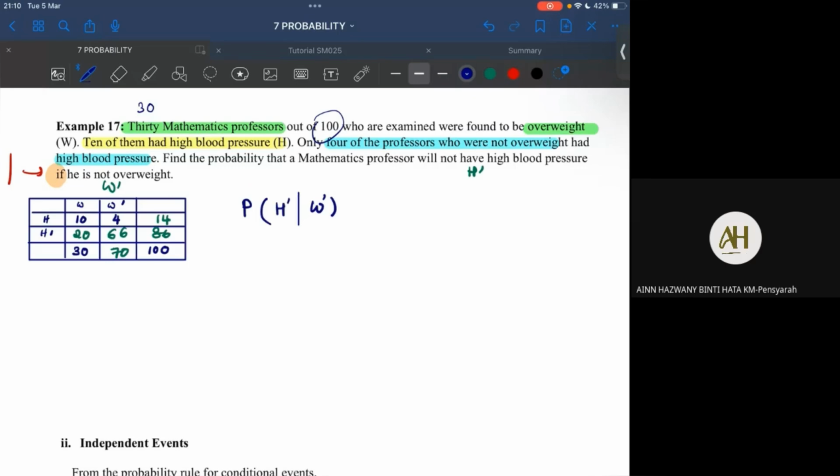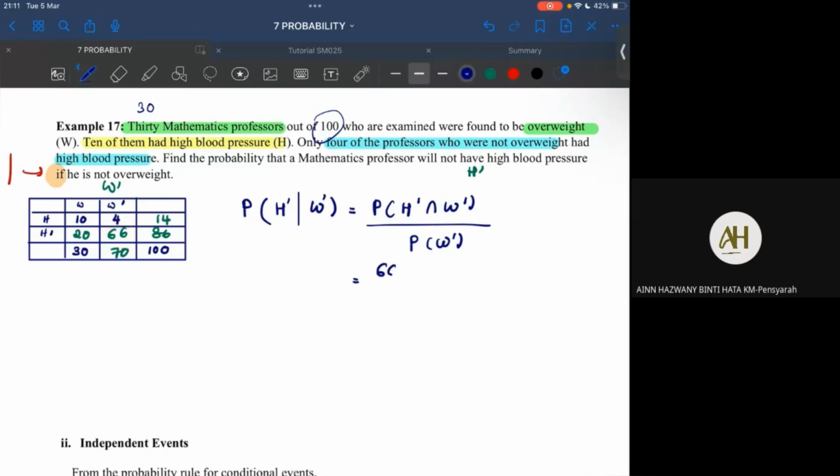Okay, so this is the formula that we want. Yang ni kena betul lah. Kalau salah ni salah. Okay, so baca ayat, keluarkan simbolnya. So the rest ini tak patutnya ada masalah lah. Kita just masukkan formula kita over P W prime. So from the table we know that this one here, no high blood pressure, not overweight. So that means we have 66. Okay.